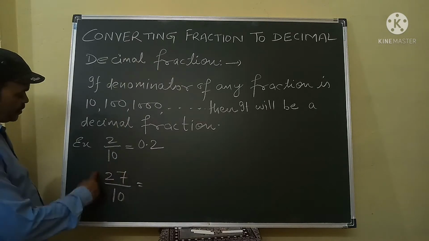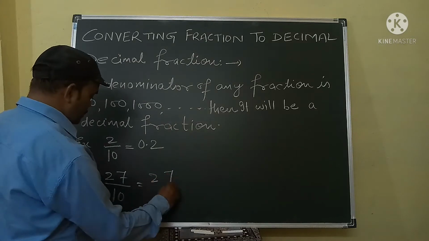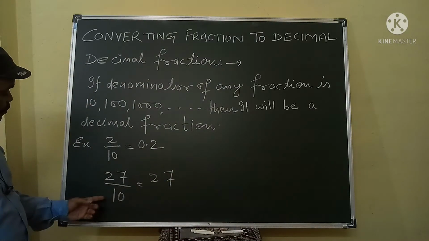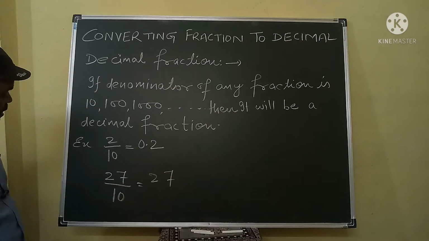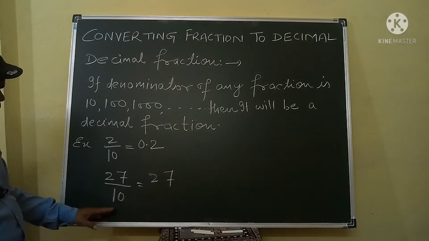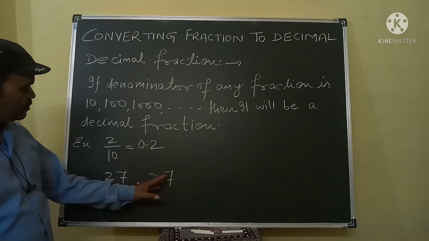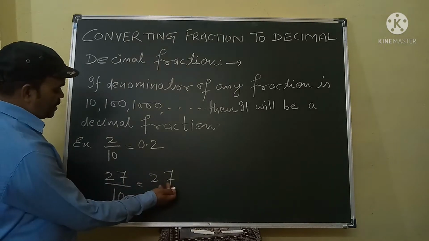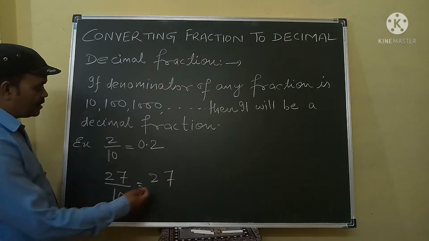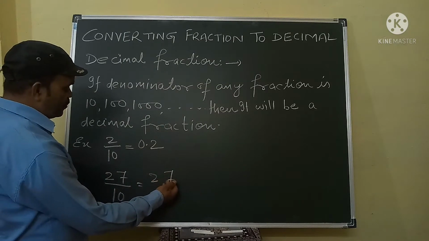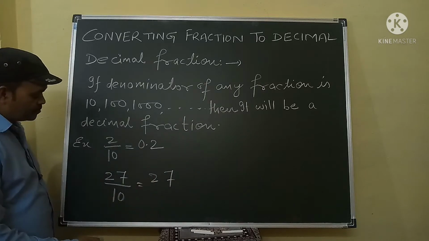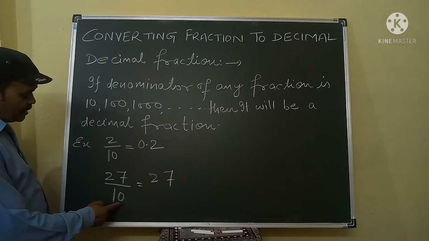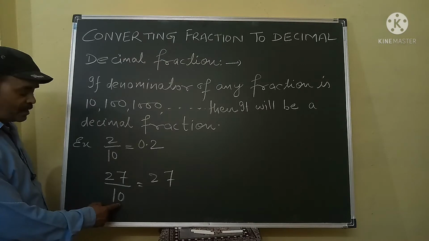So the numerator is 27, and I am saying to you, before one digit we will put the decimal point. So from the starting unit digit, or from the right side, the unit digit is 7 and in 10 the number of 0 is 1.